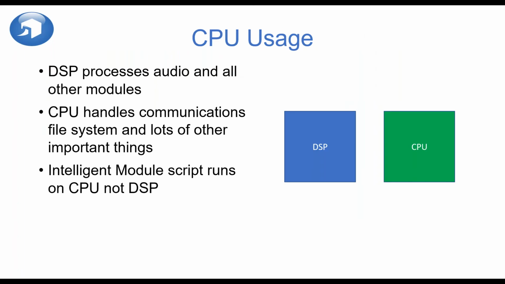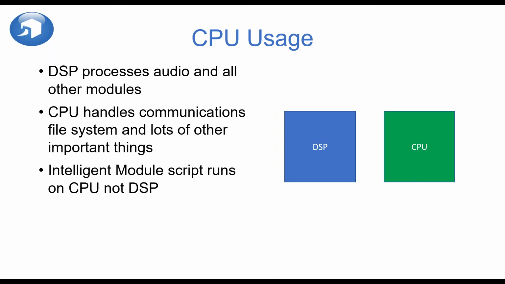Last thing to talk about before we get into the demos is how the intelligent modules are run on the hardware. So inside of your Symetrix device, DSP, whether that's a Radius NX or a Prism or an Edge, there are, to simplify things, two chips. There's a DSP and there's a CPU. So the DSP is what processes all the audio and all of the modules themselves.